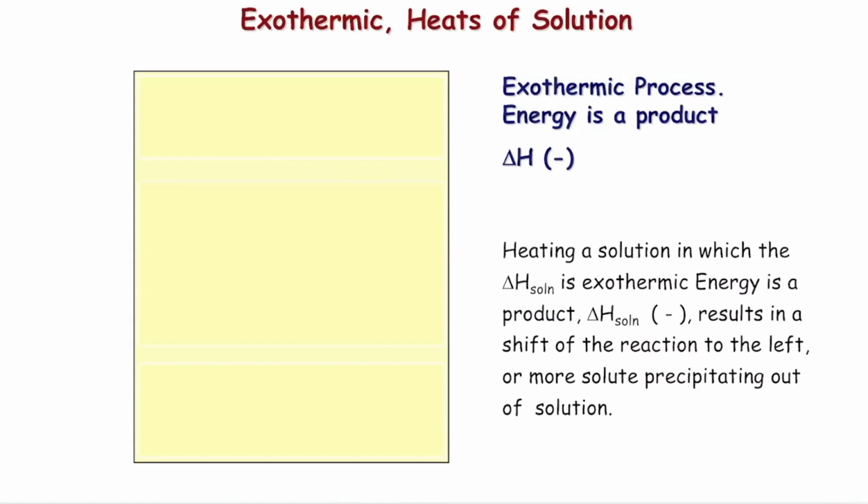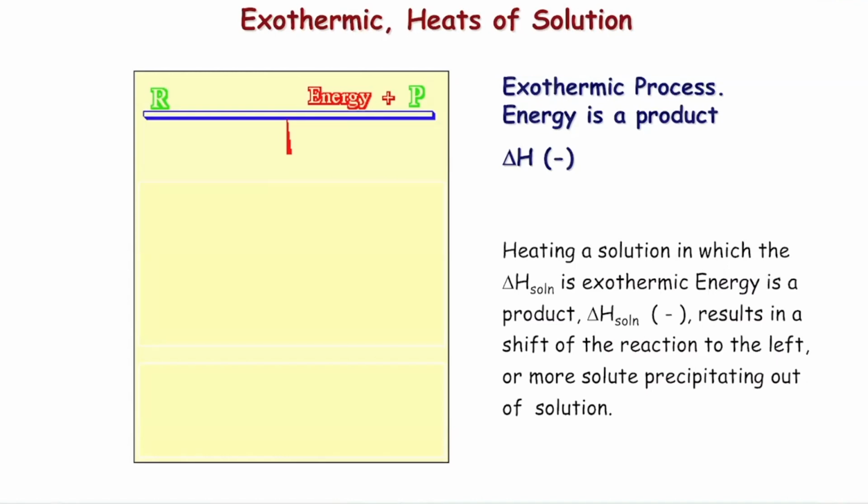For an exothermic reaction, you can think of energy as being produced in the reaction. So we put energy on the product side. Exothermic, energy is produced. Delta H is negative. It's being released by the system.